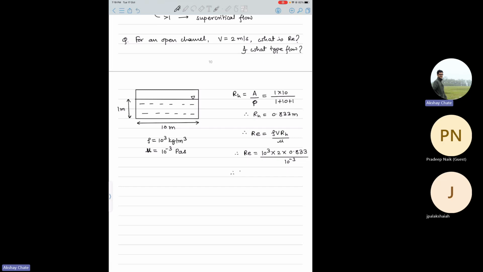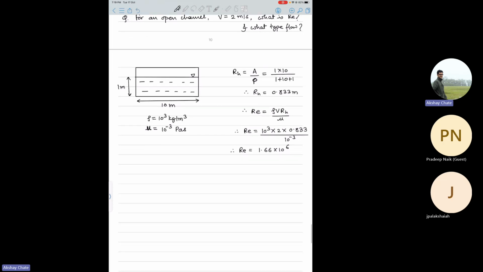So I mean, exact value you can calculate, but from here itself it looks like 1.66 into 10 to the power 6. I hope it's correct. Yeah, I think it's correct.